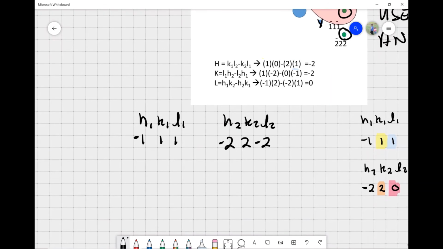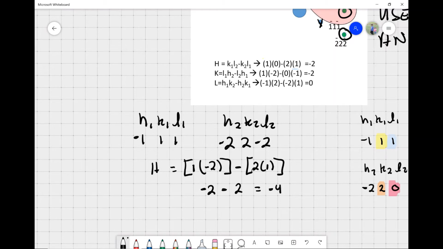And so we'll solve for H. K1, L2 equals, so K1 is 1 times L2, and that's negative 2, minus K2, L1. So K2 is 2, L1 is 1. So that's negative 2 minus 2, and that equals negative 4.